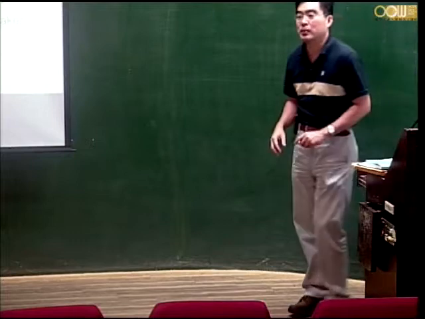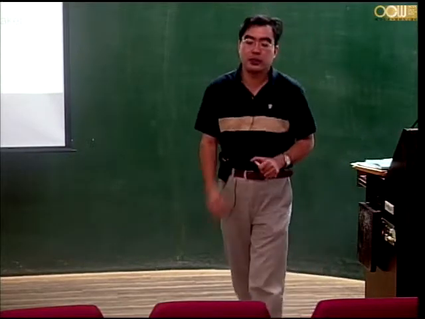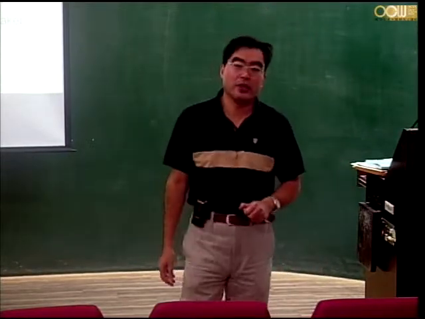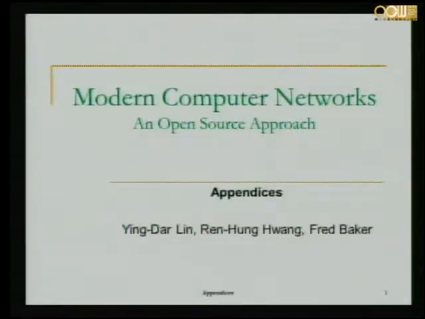Okay, let's finish. So we finished chapter 1, and before I get into chapter 2, I like to quickly browse appendix A, B, C, D, but very quickly. I would not show all the slides. I would just show selected slides.